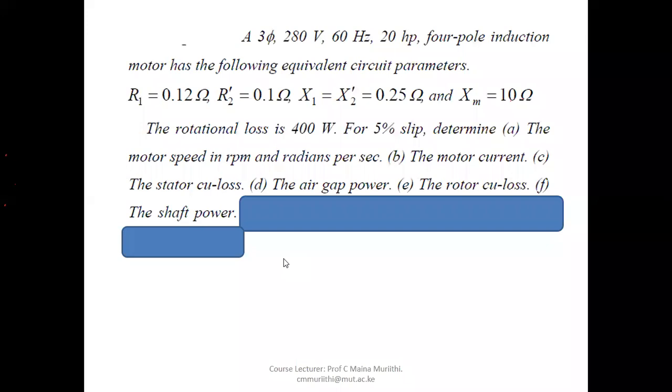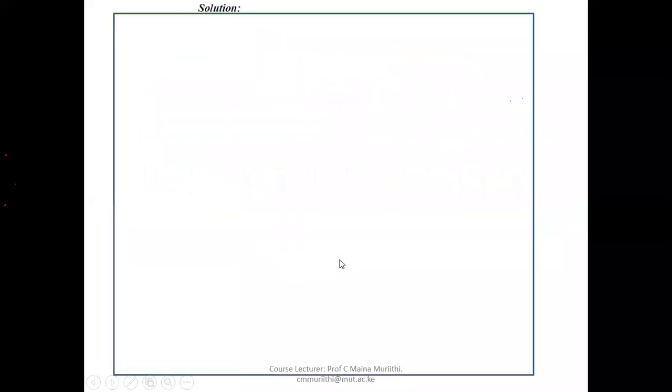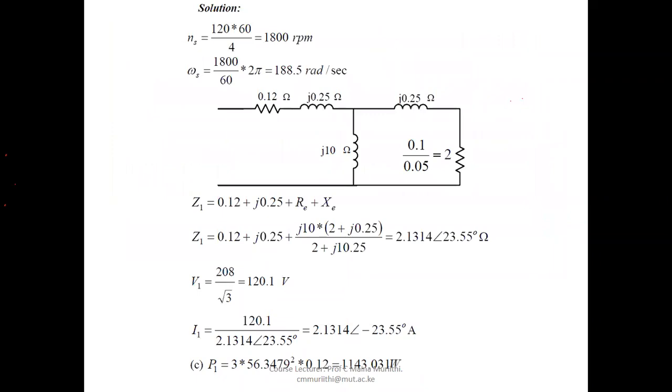The first and foremost thing is to have the circuit diagram. Again, we use the recommended IEEE circuit, and we have all our parameters put in place. You'll notice first of all that the synchronous speed is still the same, 120 F over P, so we get 1800.